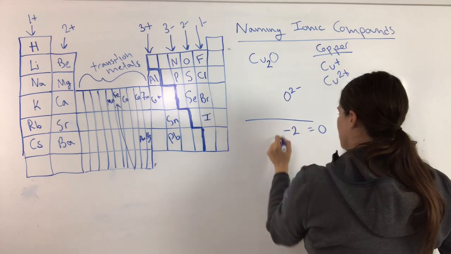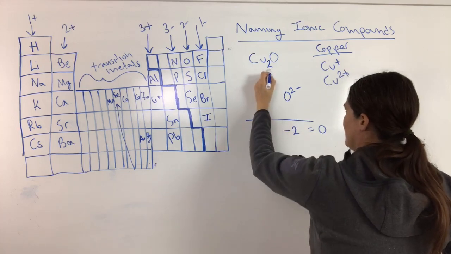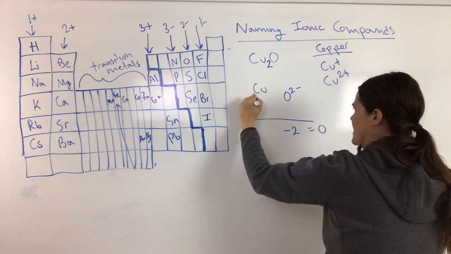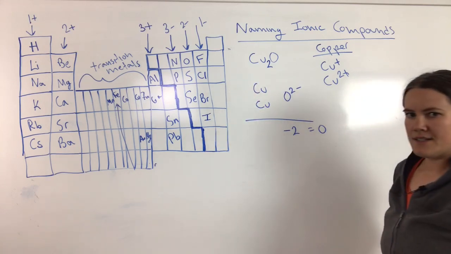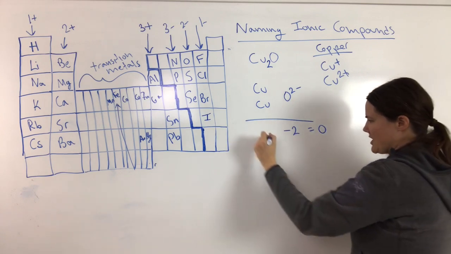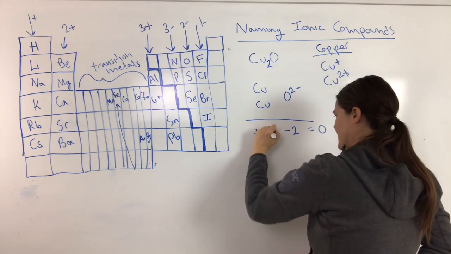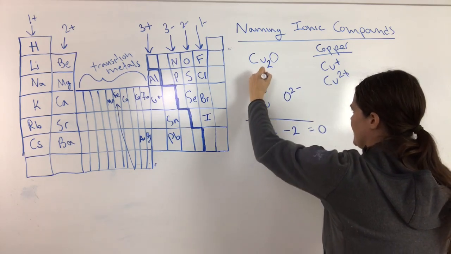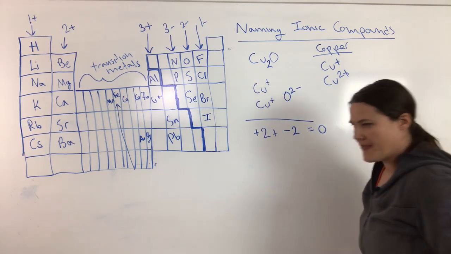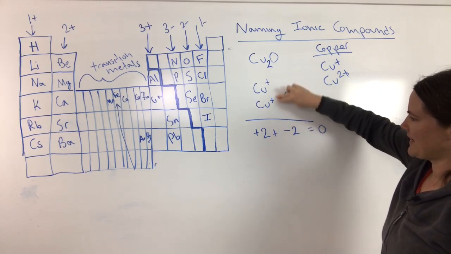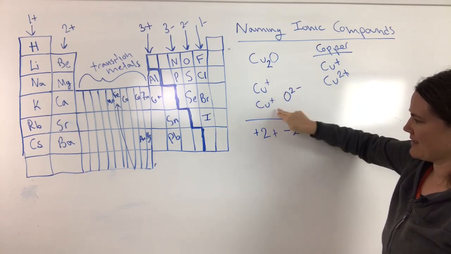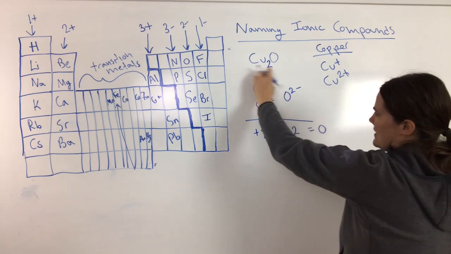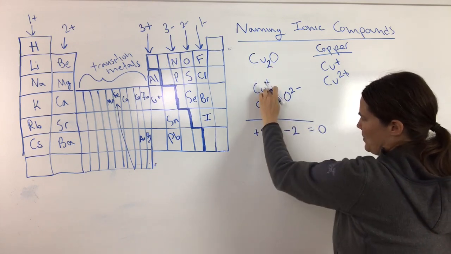So we have a -2, and we know that we have 2 coppers, so let's put those here. So we need a +2 charge to balance out this -2 charge. And if we have 2 coppers, each one of these has to have a positive charge, because when we add these together, we're going to have a net 2+ charge. So we know that the copper in this compound has a +1 charge.